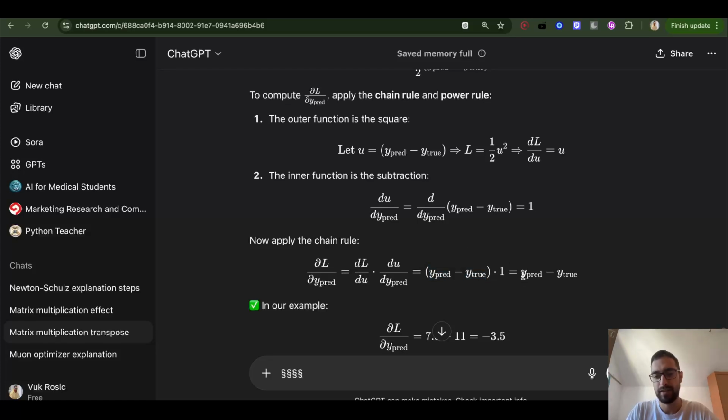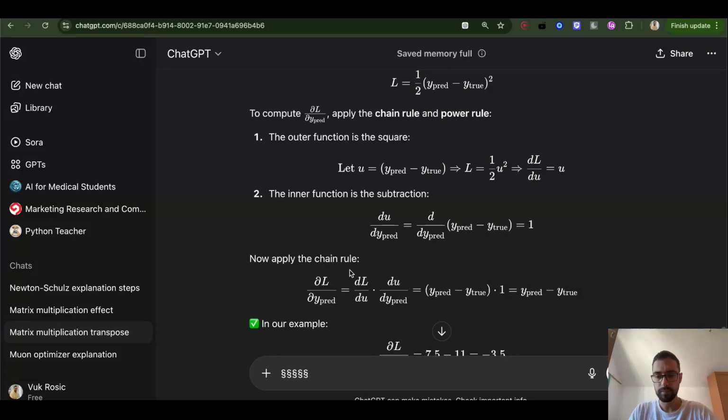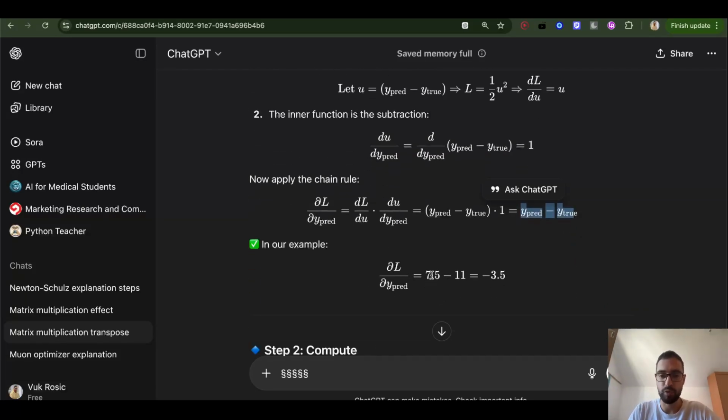That's just this thing in the brackets as the derivative of loss with respect to y pred. So that's the formula, but we have numbers in our example, so we can just replace the numbers, okay? The final result, the derivative of loss with respect to y pred, is minus 3.5.